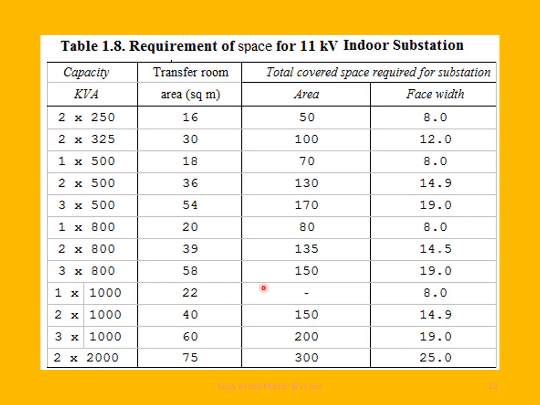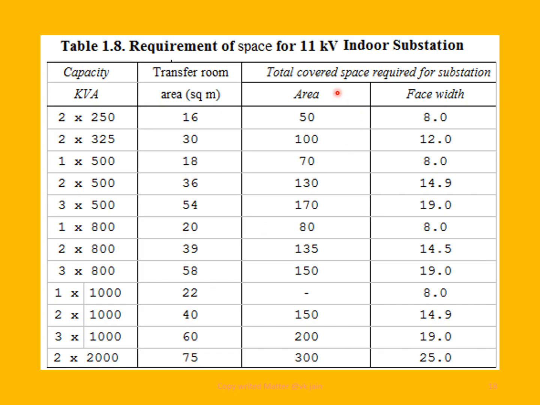Friends, this particular table provides you the requirement of space for an 11 kV indoor substation. The first column tells you the kVA capacity of the transformer, 2 into 250 kVA, two transformers, and the transformer room will require this much square meter area.